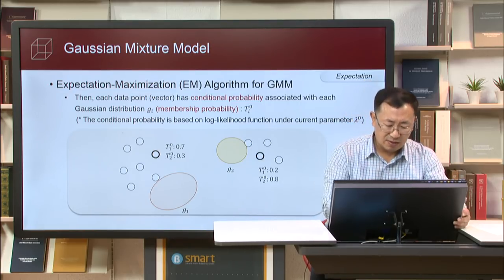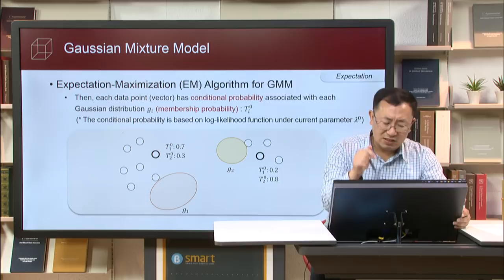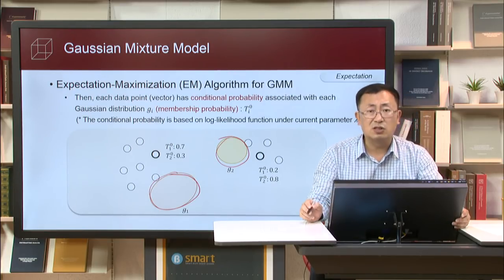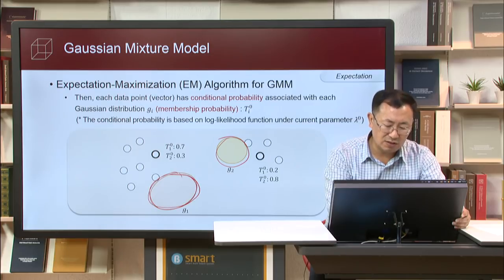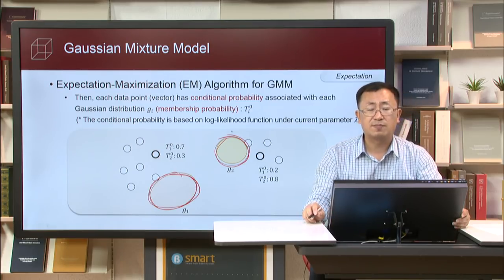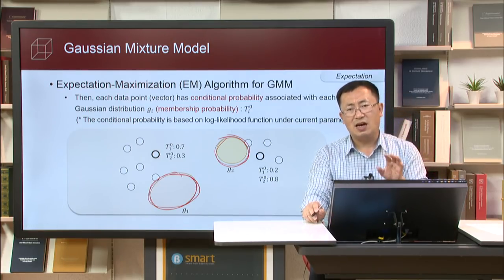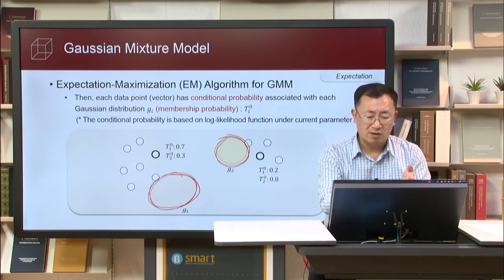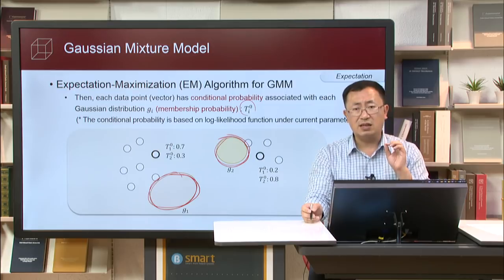Let's say, with lambda 0, you have the first Gaussian distribution and the second Gaussian distribution. I don't want to explain the details of how the formula of Ti looks, but basically it represents a membership probability.